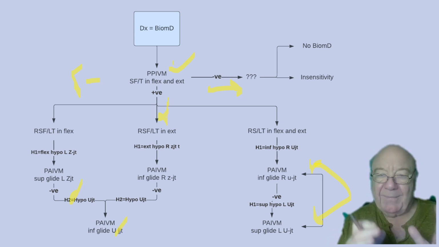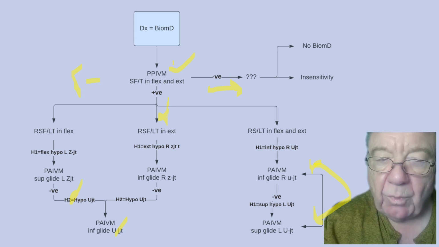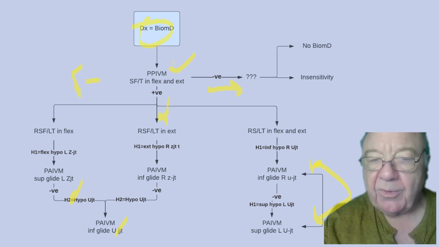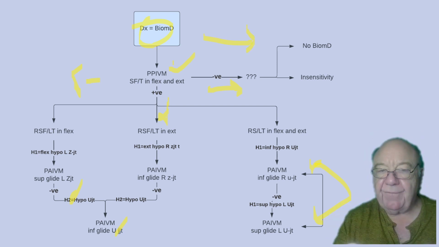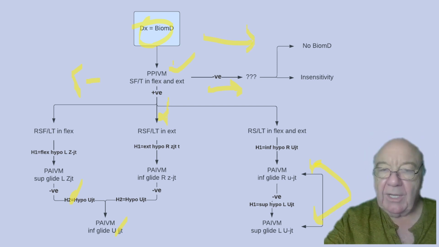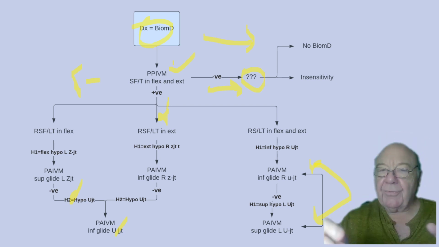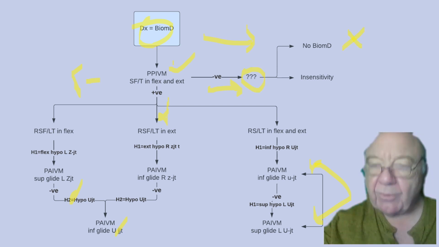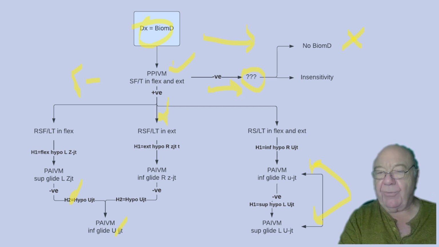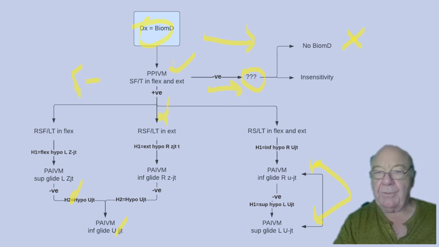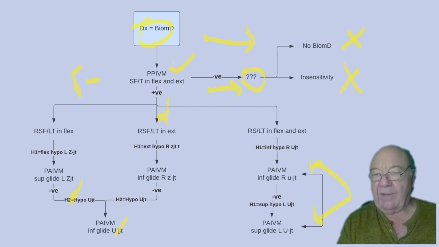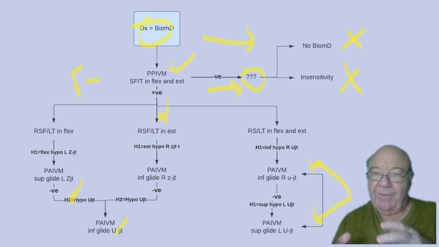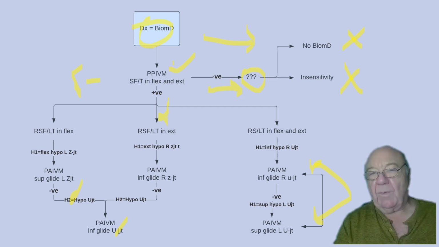So that's it. Now, your problem is when you get a biomechanical diagnosis from your exam and you're coming this way now, negative PPIVMs, and you're wondering what's going on. So either there is no biomechanical dysfunction, you made an incorrect diagnosis of this being a biomechanical dysfunction, or it's insensitive to your testing, either because your test isn't good enough, or there is something about the dysfunction you're feeling that isn't particularly sensitive to the way you're testing.